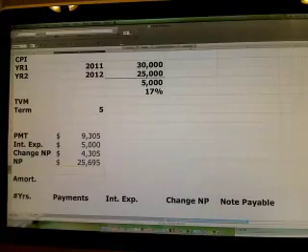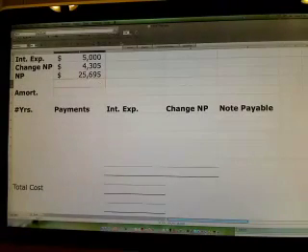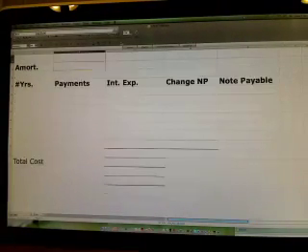Now the next thing I asked you to do was to set up an amortization table. The reason behind that is because I want you to see the actual time value of money over the term of the note. And as you see here, I've set up a spreadsheet or a table.